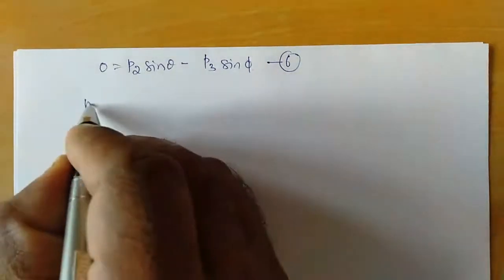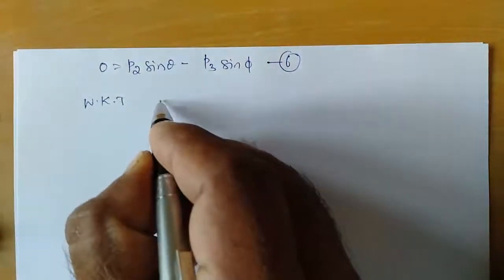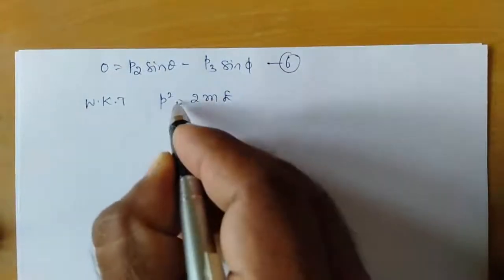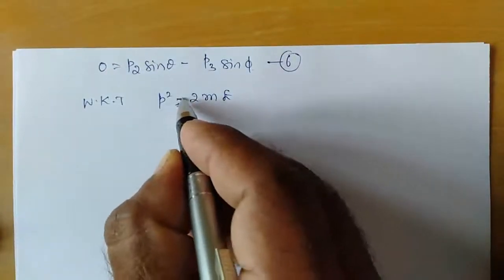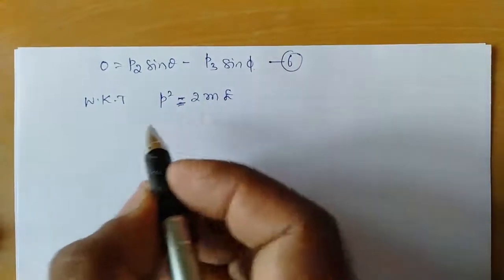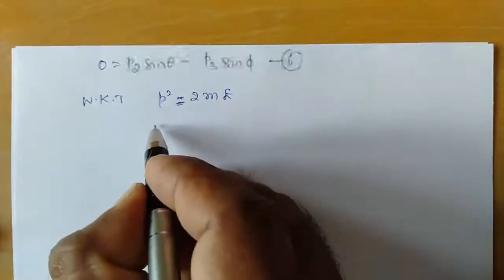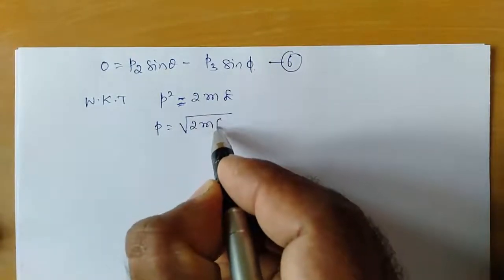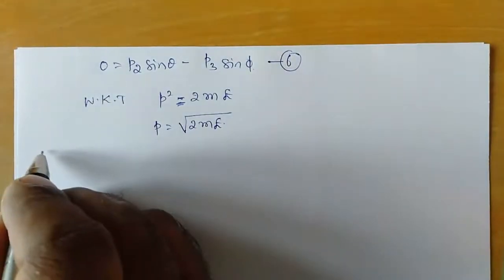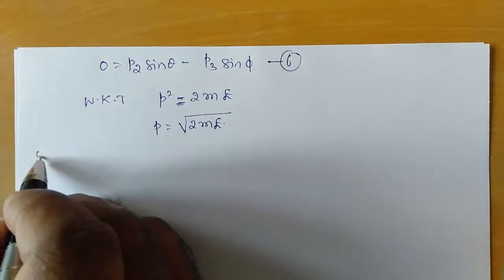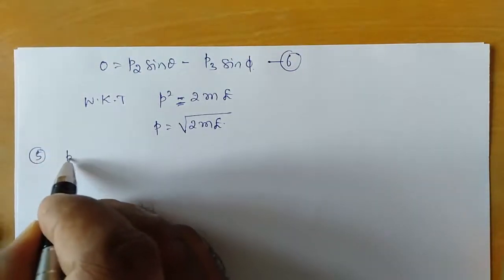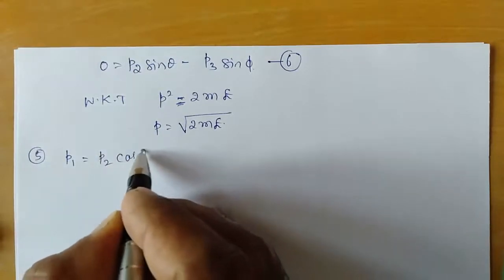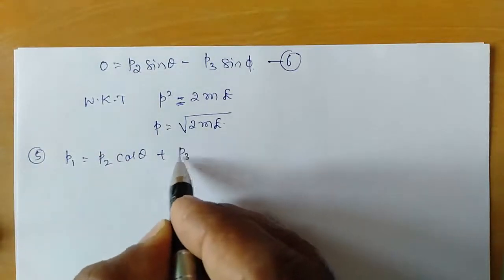But we know that the relation between momentum and the kinetic energy is P square is equal to 2 into m into E. Okay. Now I can write P is equal to square root of 2 into m into E. Now, we have equation number 5 as P1 is equal to P2 into cos theta plus P3 into cos pi.